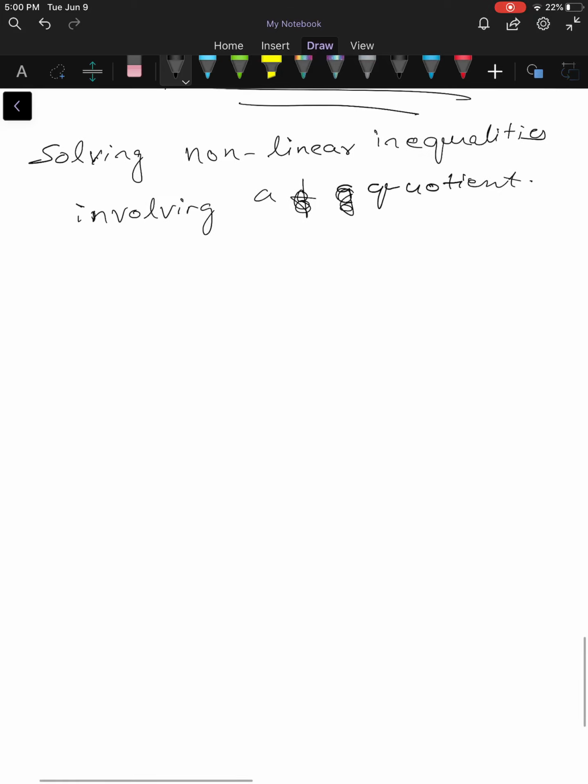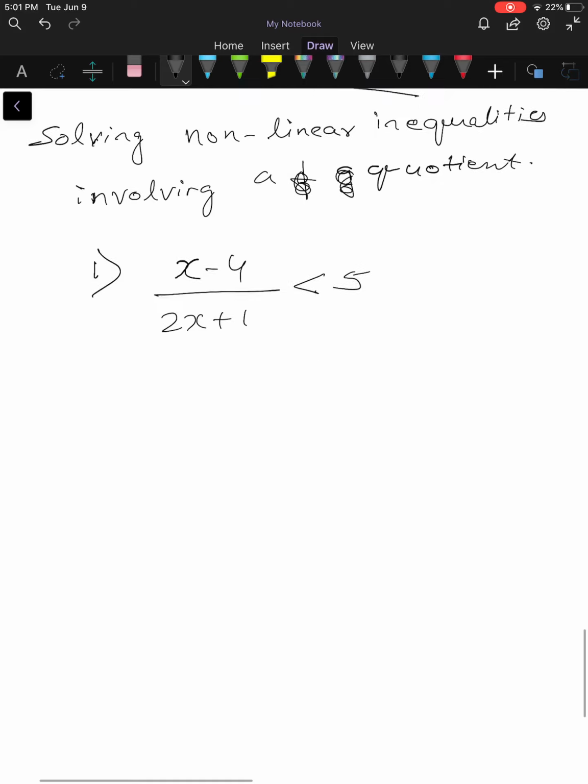So like this, I do not remember the number, this is an exercise problem again, so I will number it as 1. x minus 4 divided by 2x plus 1 less than 5.